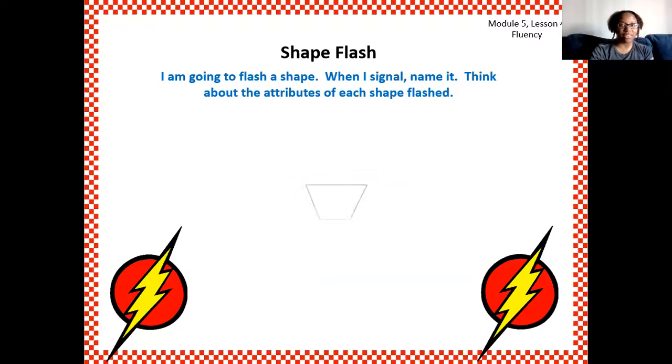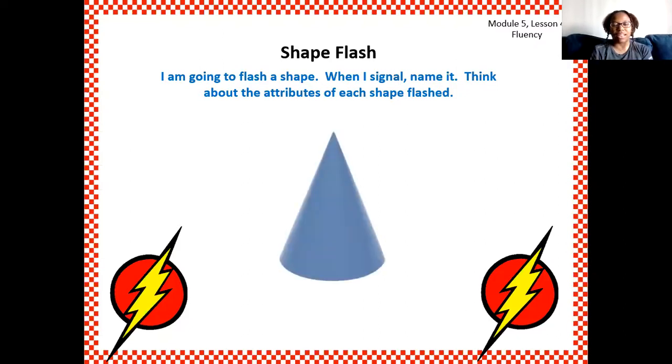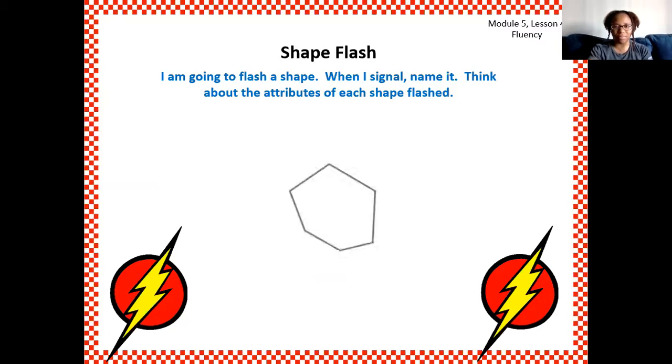And this one might look a little funny. I'll give you a few more seconds to think. Trapezoid. That one was a trapezoid. And what about this one? It was a cone.